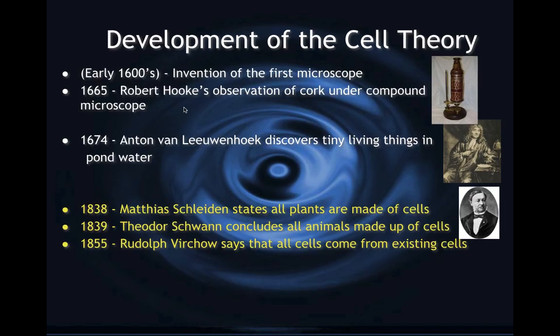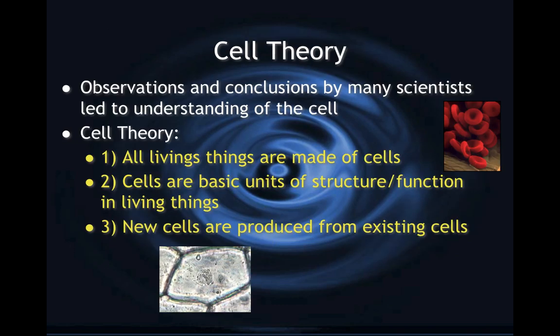Other major events that led to the discovery of the cell theory, we had Schleiden, who studied plants and made the conclusion that all plants were made up of cells. We had Schwann, who likewise looked at animals and saw that they were made up of cells. And Virchow, who said that all new cells come from old cells, or all cells come from existing cells.